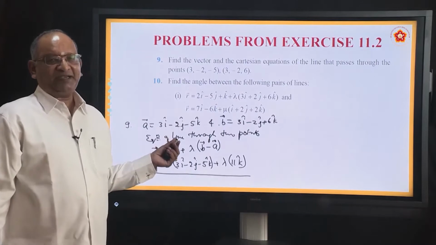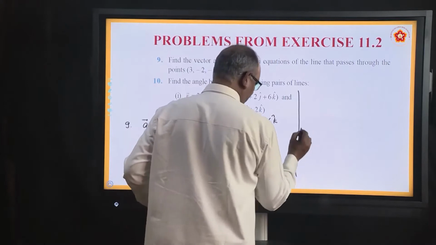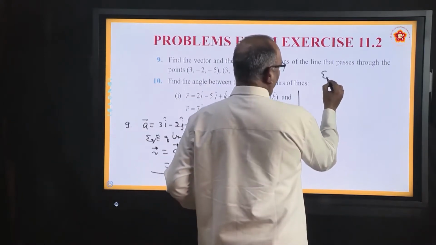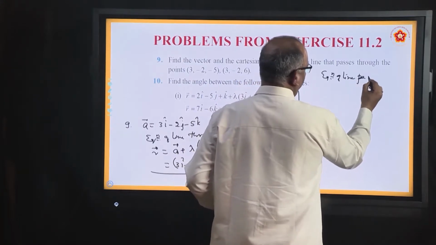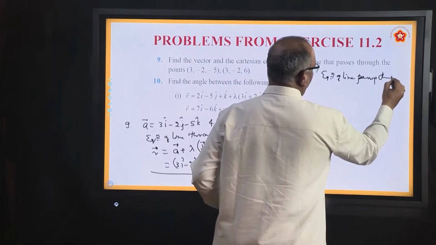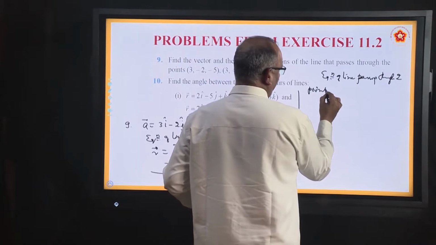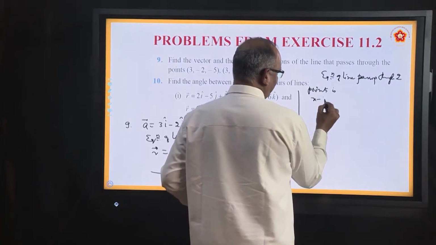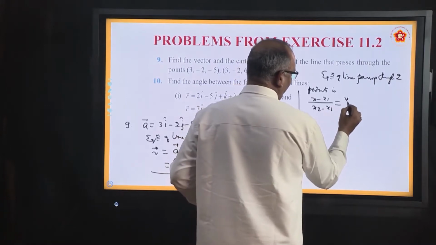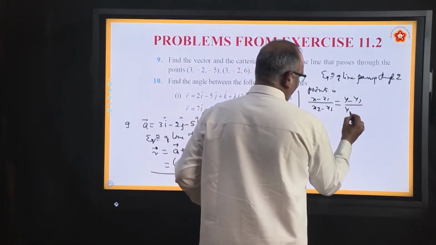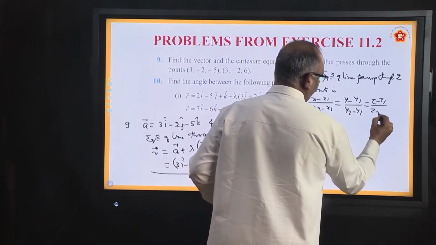Now, if you wish to write the Cartesian equation, what is the formula? The equation of a line passing through 2 points is (x minus x1) upon (x2 minus x1) equal to (y minus y1) upon (y2 minus y1) equal to (z minus z1) upon (z2 minus z1).